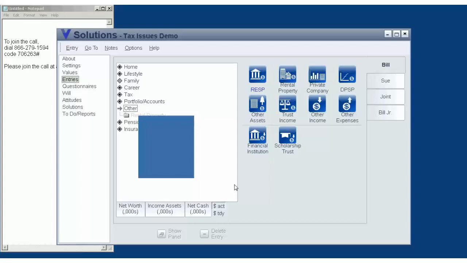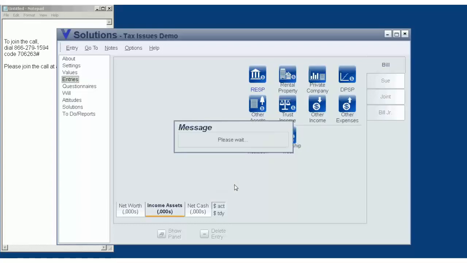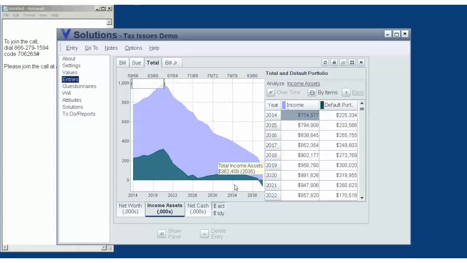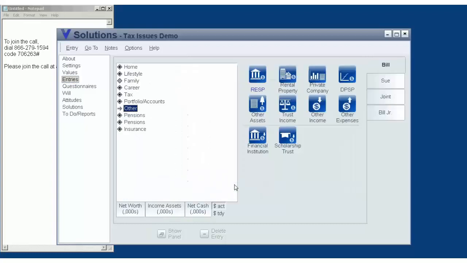And so I intentionally excluded this so that we could see the income assets projection without the rental property being involved. And this, again, will show us the total income assets versus the liquid cash. If you go to total, you can see that. So I'll show you what happens. Once we include the rental property, then it's going to be part of the income assets projection.